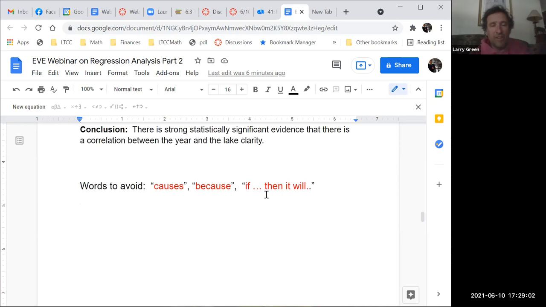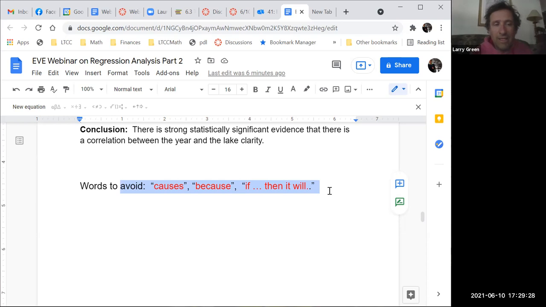So again, regression analysis is about predictions. It's not about matter of fact. We're doing a y hat, we're not doing a y. We're just looking at a prediction. So it's very important that when you write down the conclusion for regression analysis, you don't do anything that even remotely sounds like causation.